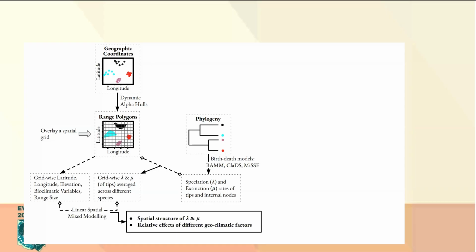Then I performed linear spatial mixed modeling to understand the spatial structure across latitude and longitude for the speciation and extinction rates, and I wanted to understand the relative effects of different geoclimatic factors.